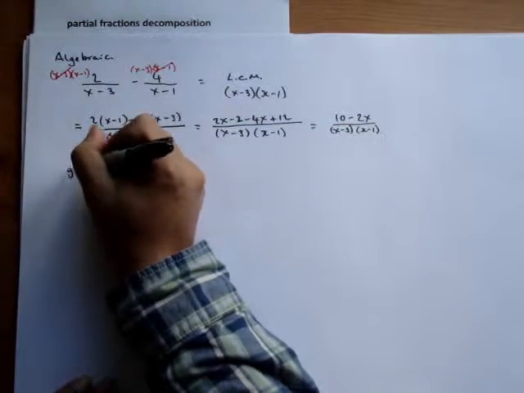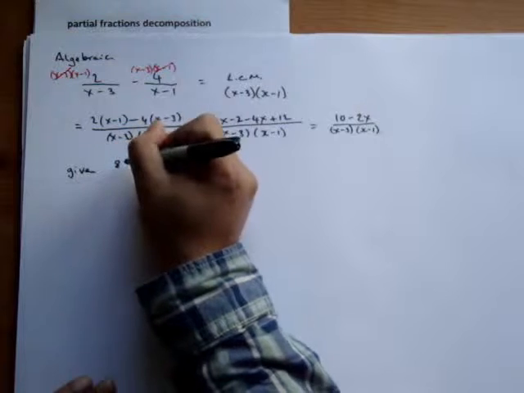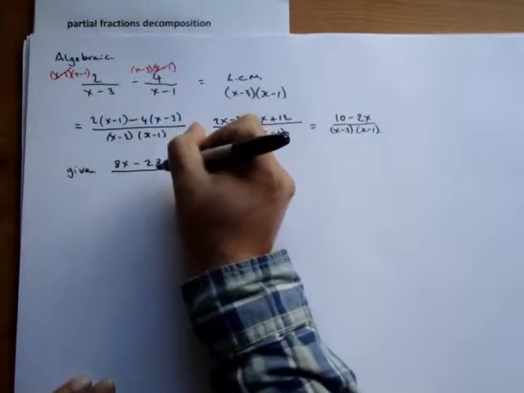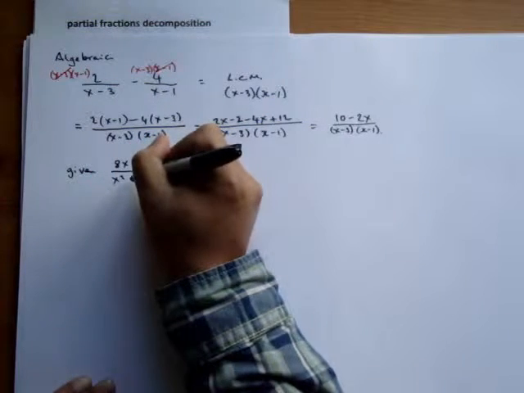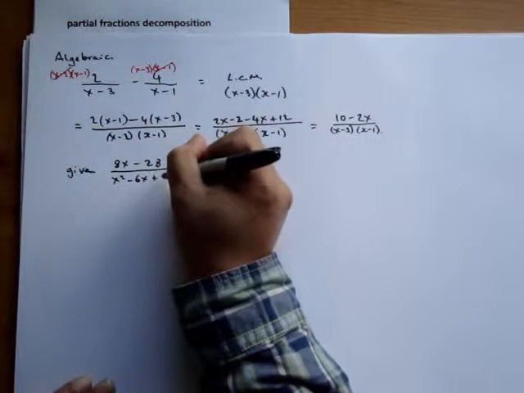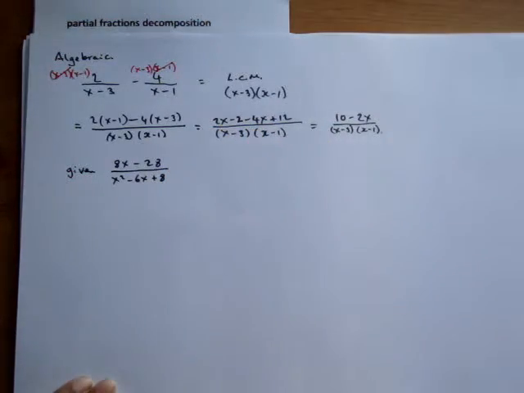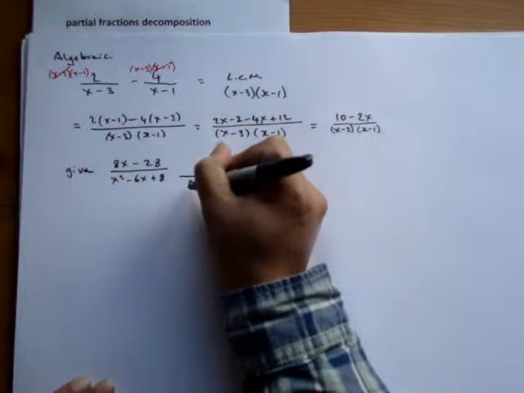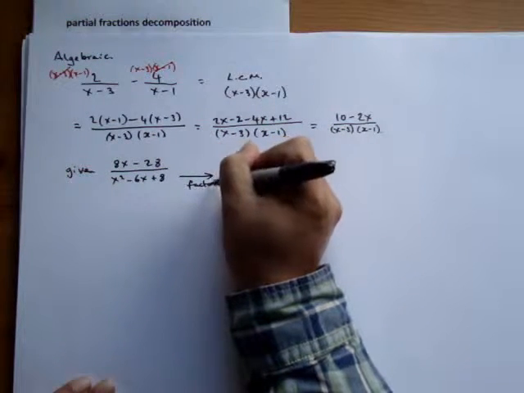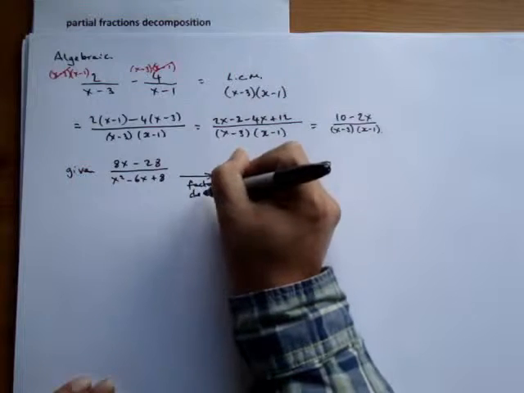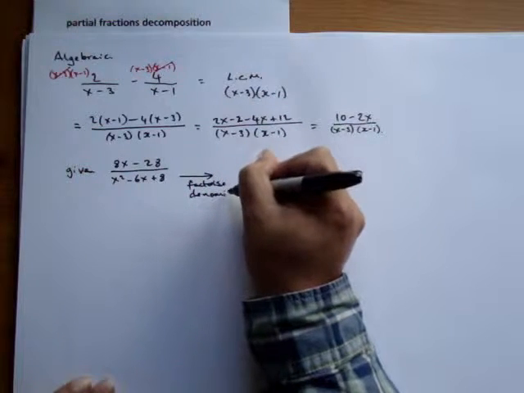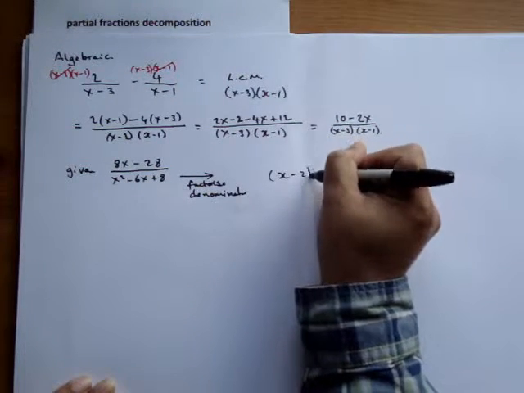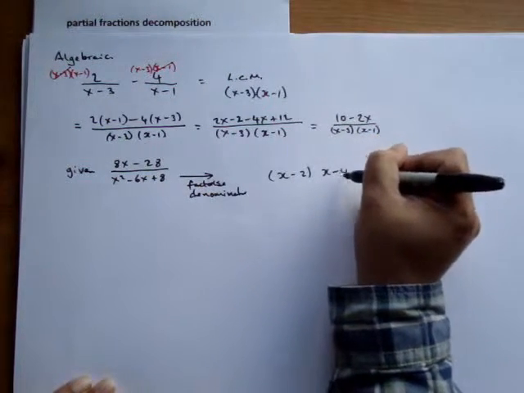So if we're given 8x minus 28 over x squared minus 6x plus 8, first of all we factorize the denominator. This gives us (x minus 2)(x minus 4).